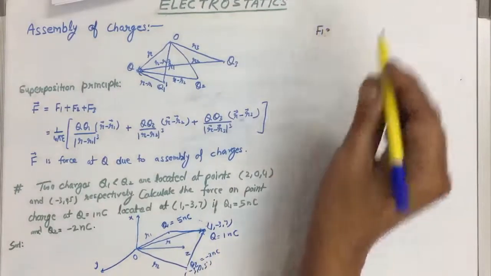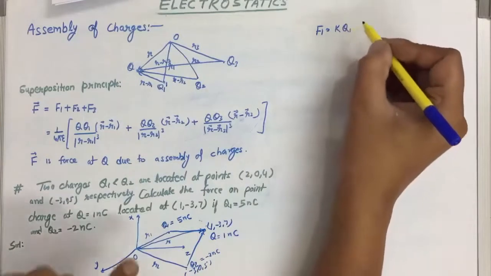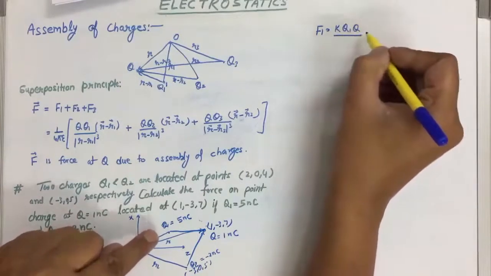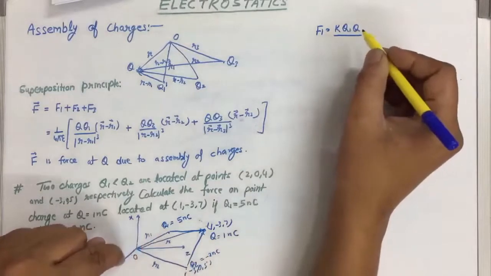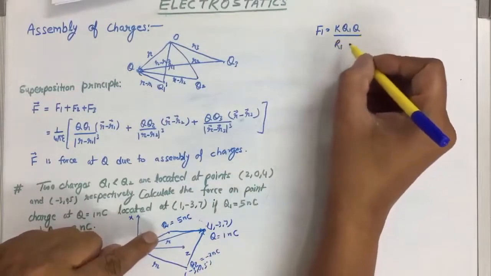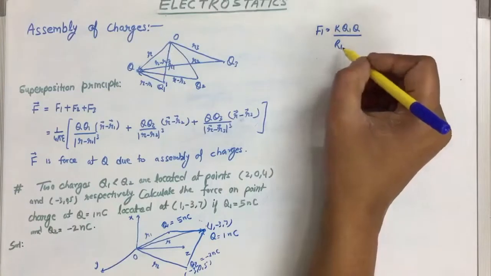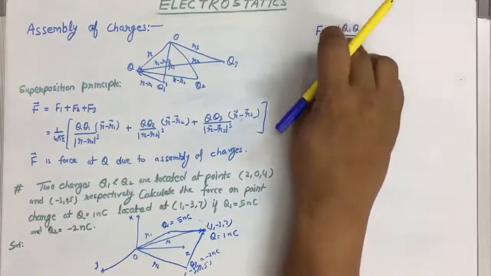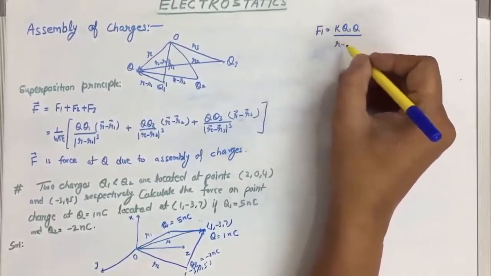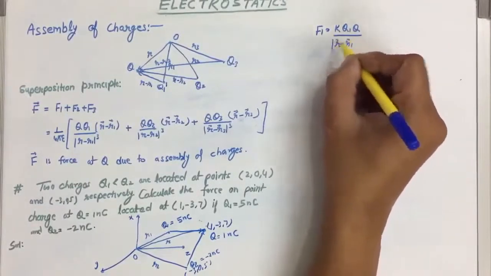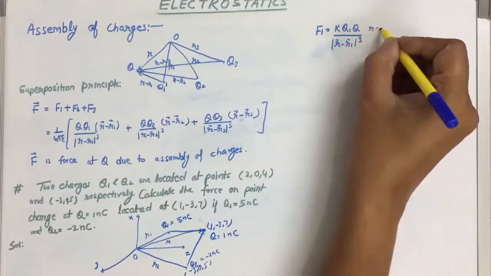So F1 can be written as K Q1 Q divided by R minus R1 cube, and at the top it should be R minus R1.